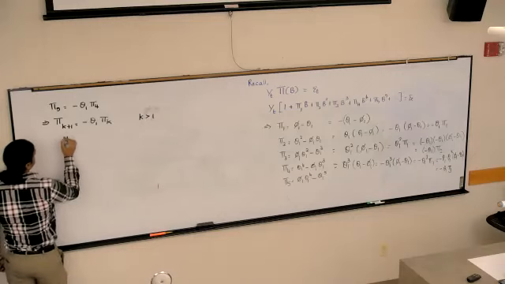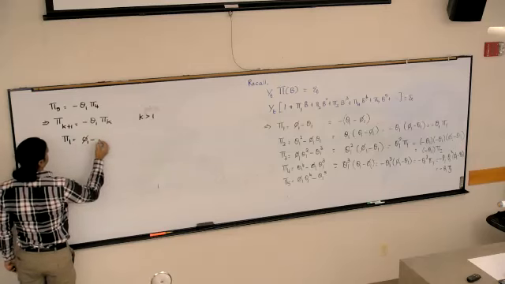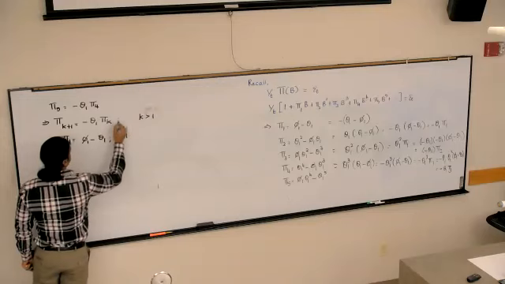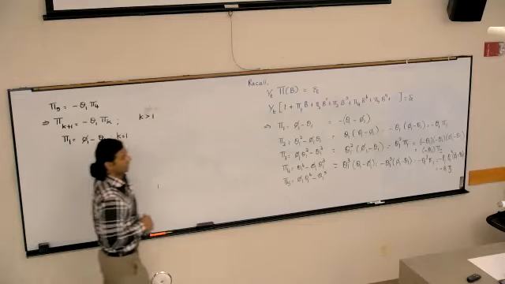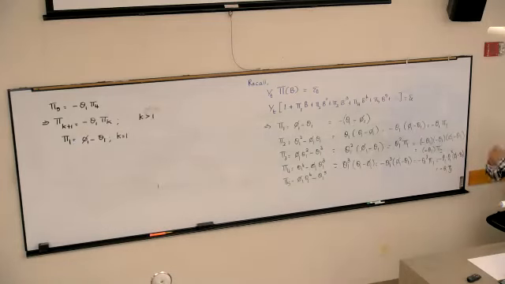When k is equal to 1, we would have phi 1 minus theta 1. Nice little recursion, right? So we can easily program this equation.